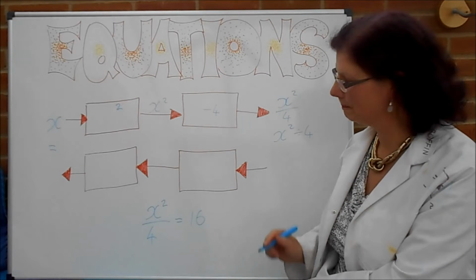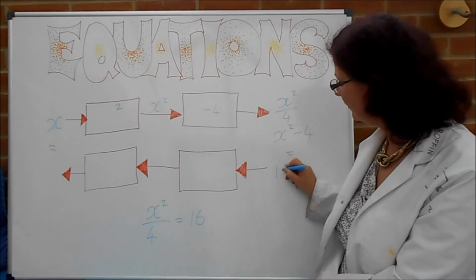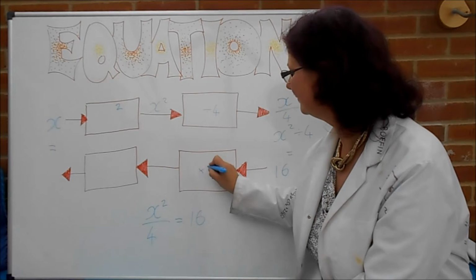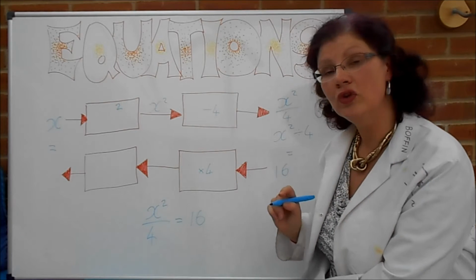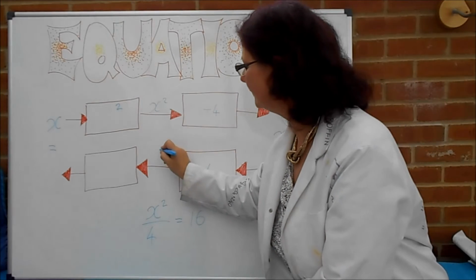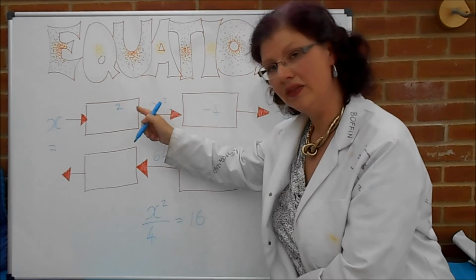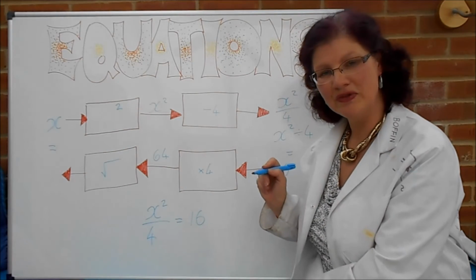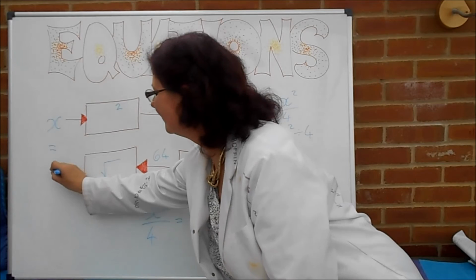They're both the same. And that is equal to 16. So running it backwards, 4 lots of 16, double it then double it, 16, 32, 64. And the opposite of square, the square root of 64 is 8.